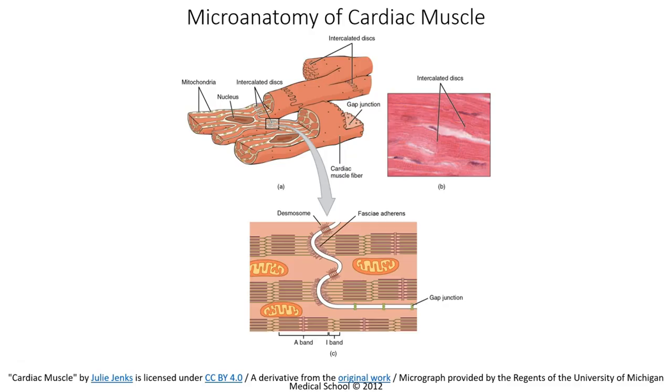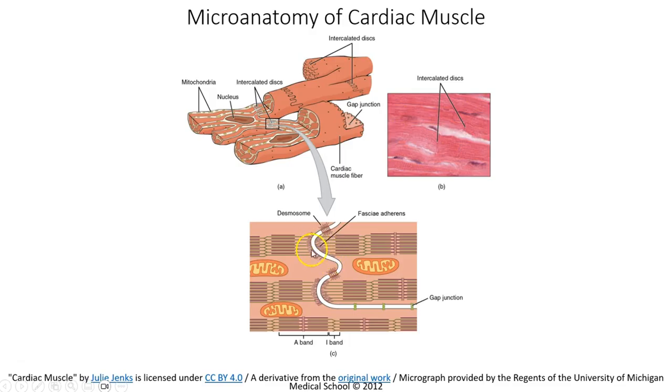So again, these cardiac muscle cells, as you can see, branch pretty freely, and so these intercalated discs are really important for passing that electrical impulse through for contraction. So the intercalated discs are formed by portions of the sarcolemma, the special plasma membrane of muscle cells, that have really special integral membrane proteins that form desmosomes that we can see down here, as well as fascia adherens that are indicated down here.